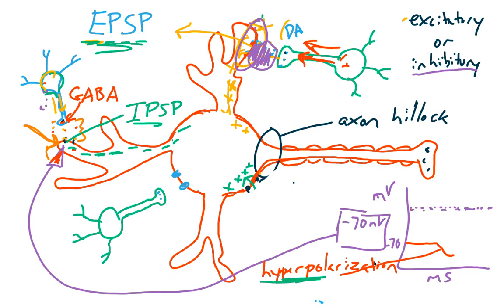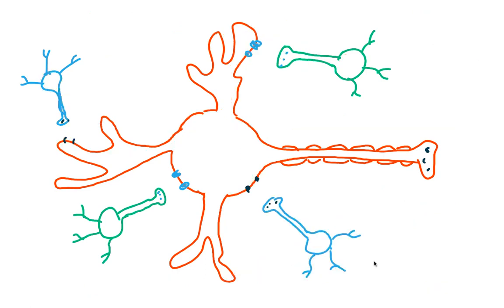Because graded potentials can be either inhibitory or excitatory in nature, that leaves us with a lot of different capabilities in terms of acting upon our red cell here. So I'm going to give us a clean slate, and I want to draw a few scenarios where we are essentially going to add these graded potentials.